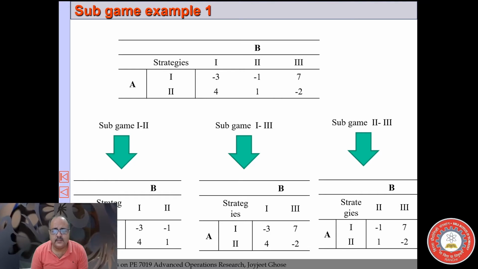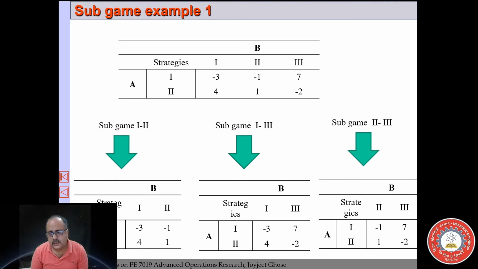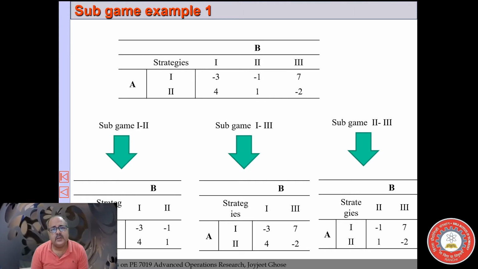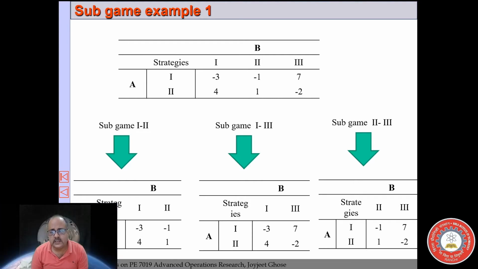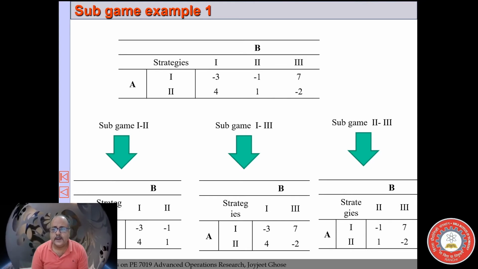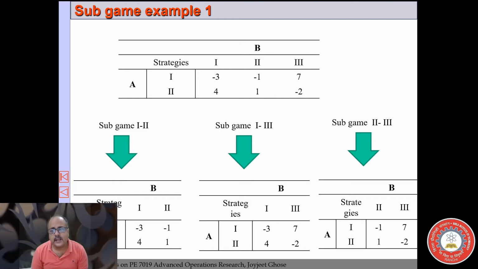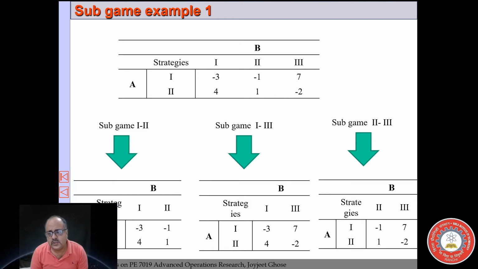For all these 3 subgames we'll find the value of the game, and the subgame for which the value of the game is minimum will be the solution of the game, because B is trying to minimize his maximum loss. Suppose it is the strategy 2-3, then A can choose either 1 or 2, and B can choose either 2 or 3.